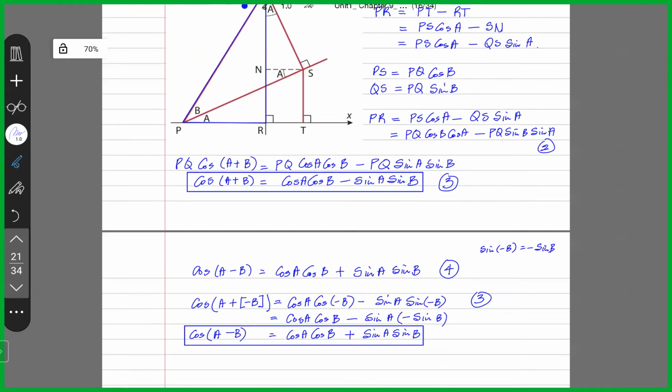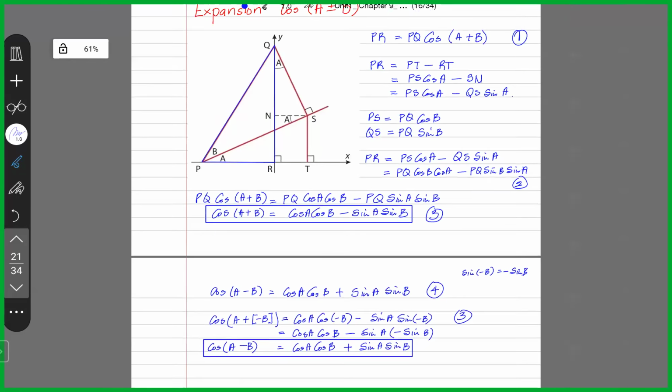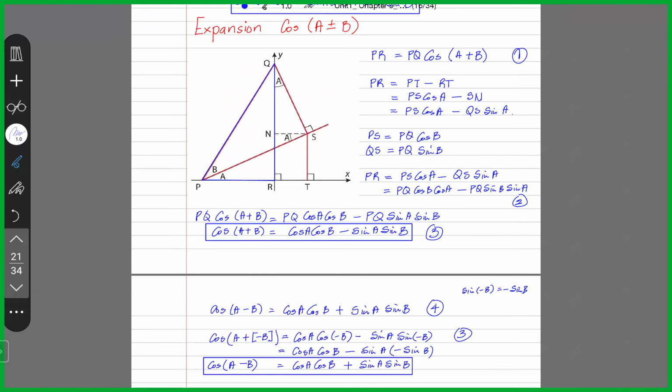So this is how you prove the expansion: cos A plus B is equal to cos A cos B minus sin A sin B, and cos A minus B is equal to cos A cos B plus sin A sin B.